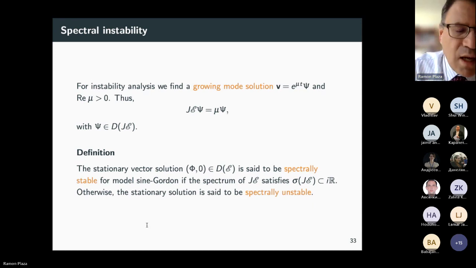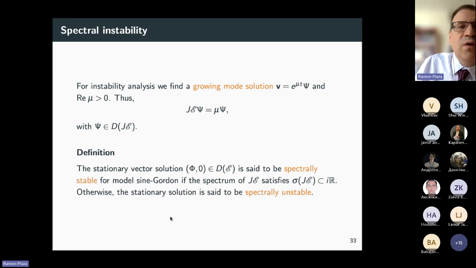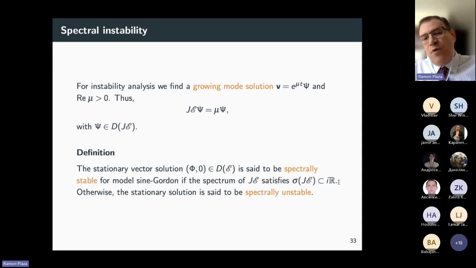So as it is customary, you start the stability analysis by finding growing mode solutions with a real part of mu positive in order to conclude instability. So you say that the stationary vector solution, which is the kink profile, is said to be spectrally stable for the sine-Gordon model if the spectrum of J times E satisfies this property, which is contained in the imaginary axis.